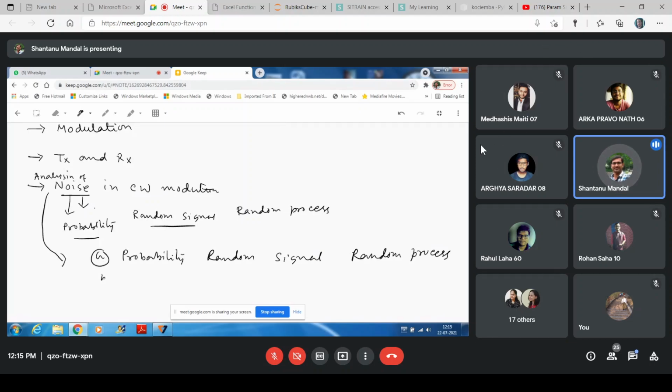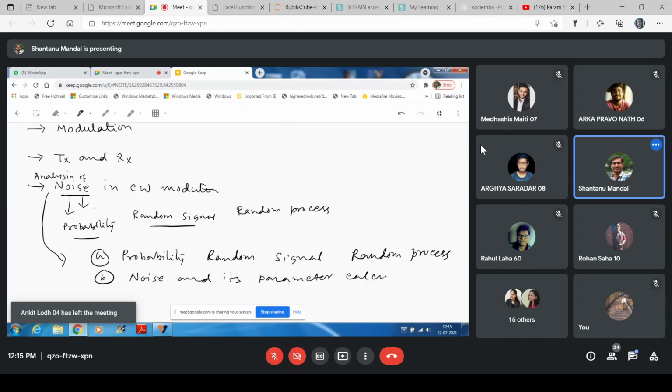Another part is noise and its parameter calculation. And the third part is noise analysis in CW modulation.